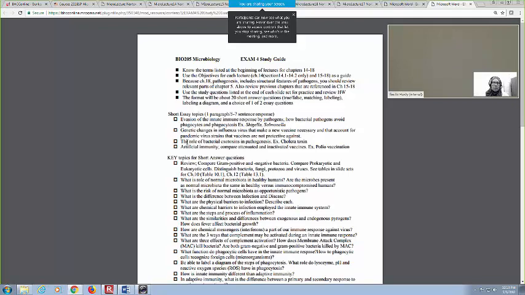And then what's the difference between an exotoxin and an endotoxin? When in the steps of pathogenesis would a toxin be produced? These bacteria are very conservative with their expending energy, and so they aren't always producing toxins.